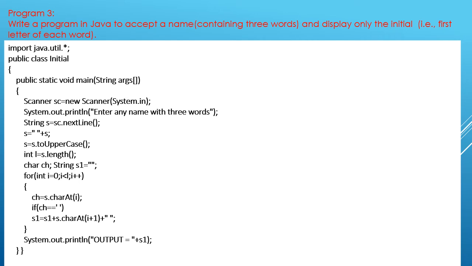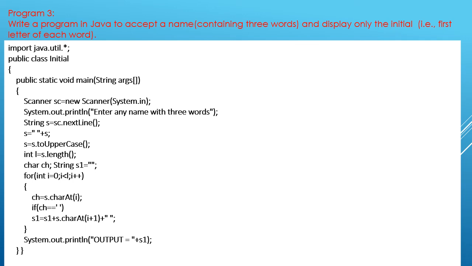Input the name and store it in s. One space is added before the name because we have to find out each word's first character. Convert the name into uppercase. Find the length and store it in l.